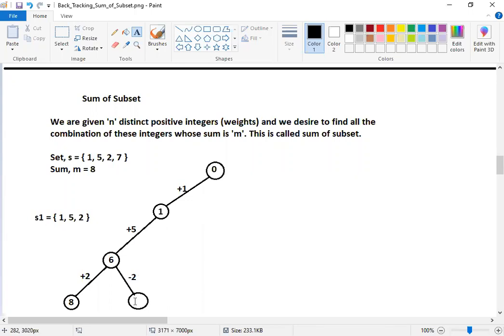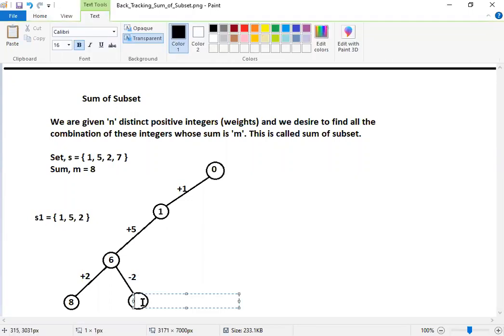Okay. But what will be the node value that I need to have here? That is important. The previous value is 6. And if I don't consider 2, here minus means I don't consider 2, then what will be the total sum? Can you answer? Will it be 6 or will it be something different?